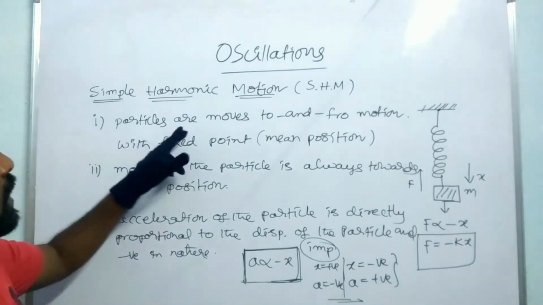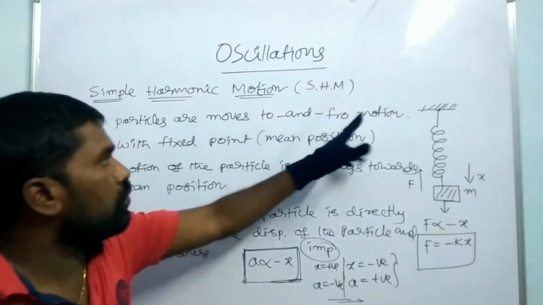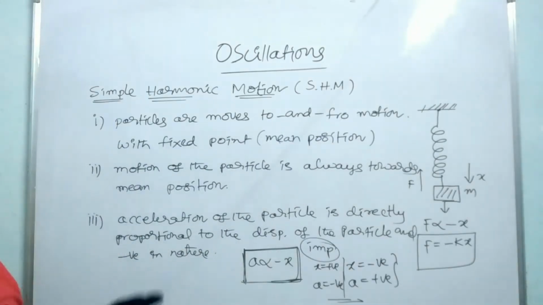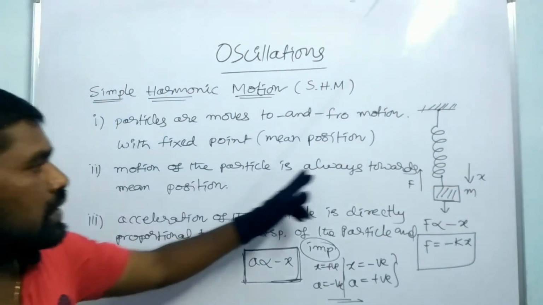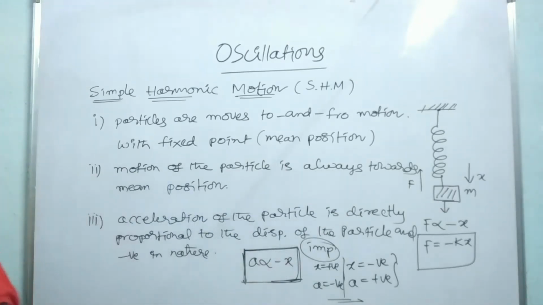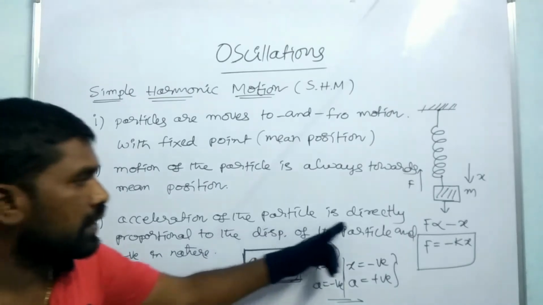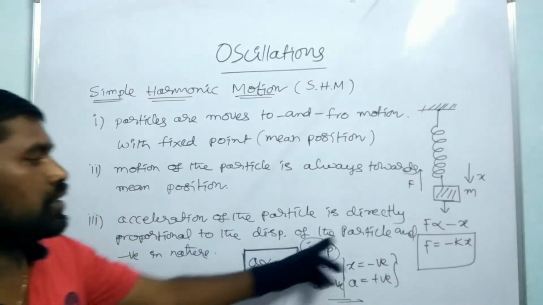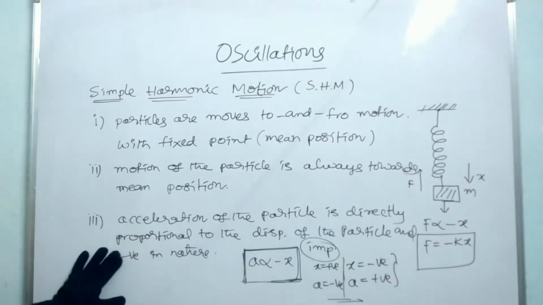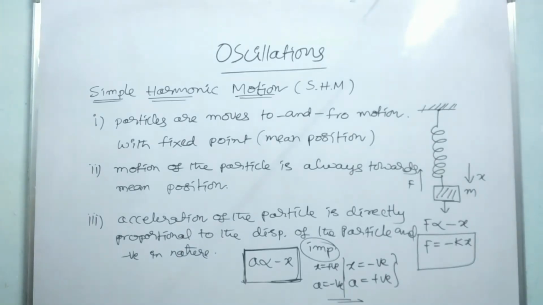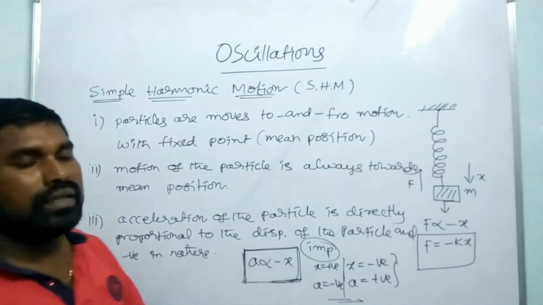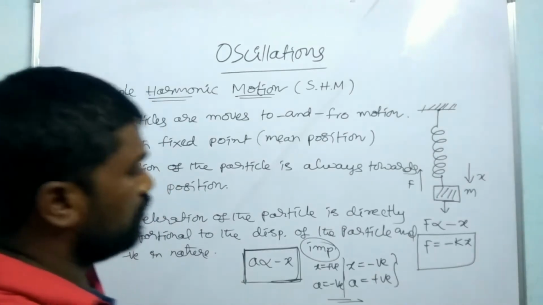If a particle moves to and fro about a fixed point, its motion is always towards the mean position, the equilibrium position, and its acceleration is directly proportional to the displacement and negative in nature, then it obeys simple harmonic motion. These are the points to remember.